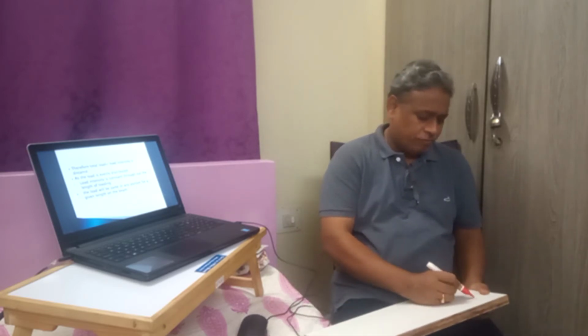We have to be clear about how to calculate the total load using the intensity of load. Intensity of load is in kilonewtons per meter, and the distance is in meters, so meter and meter get cancelled. Suppose the intensity, small w, is 5 kilonewtons per meter and L is 3 meters.